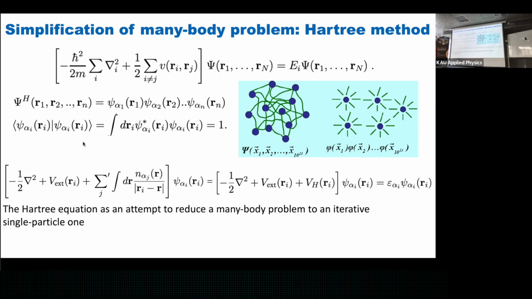He moved further. He thought that we can take this electron Schrödinger equation, but we still have a very huge, very complicated psi function with a lot of variables. Then we can split it into just a product of independent one-electron psi functions.